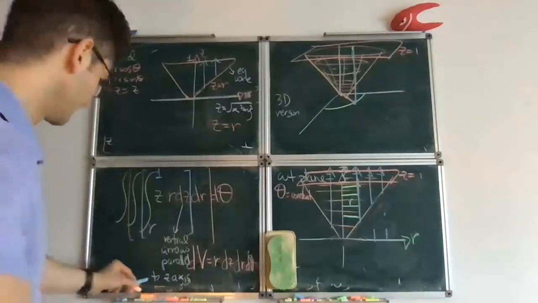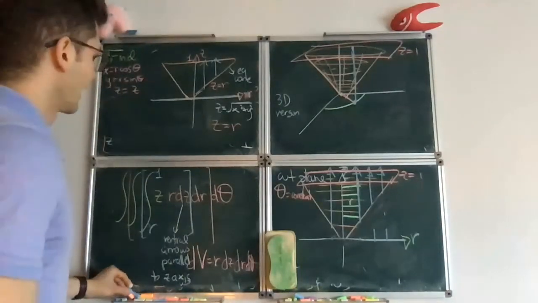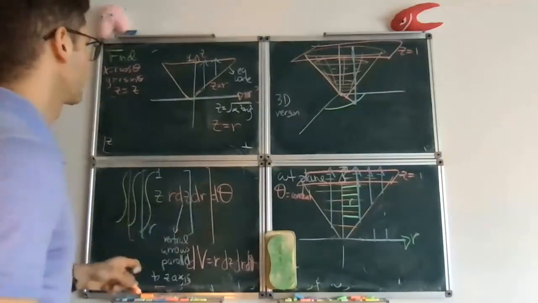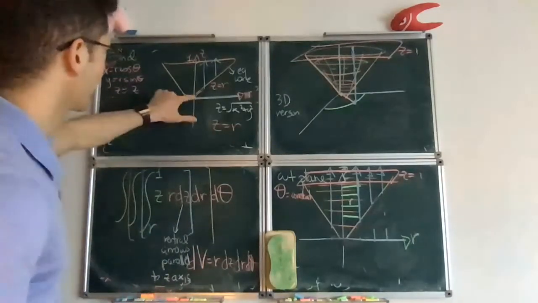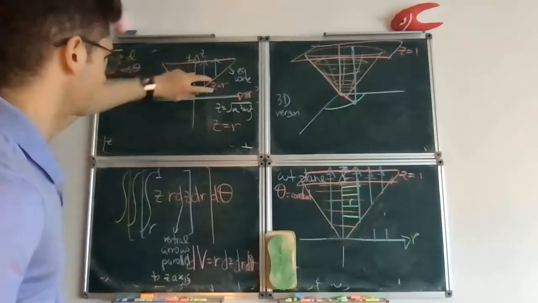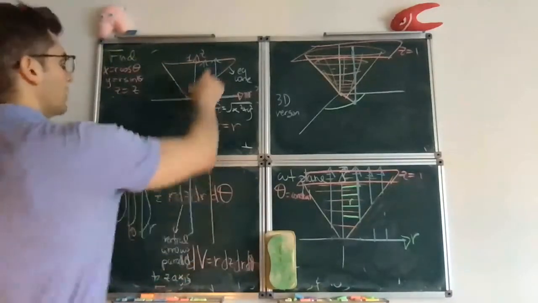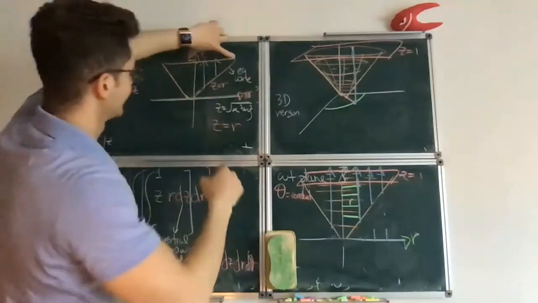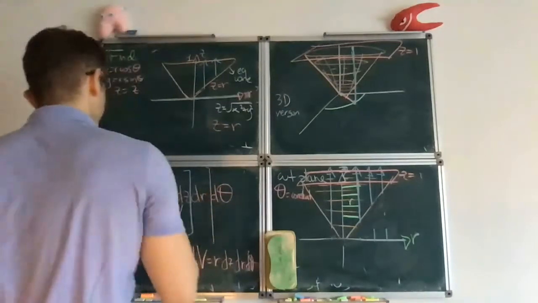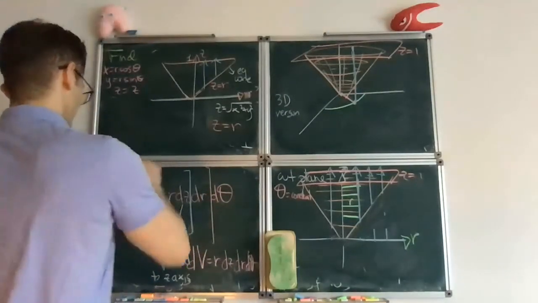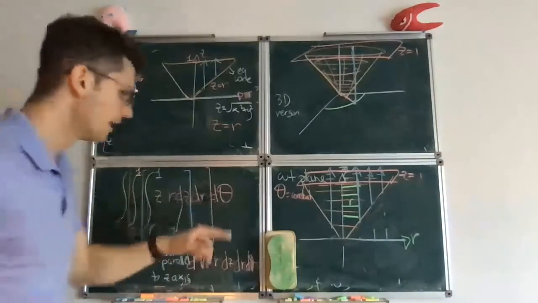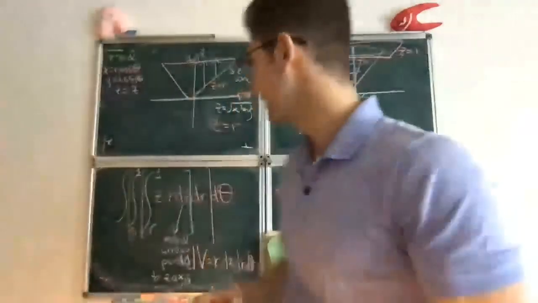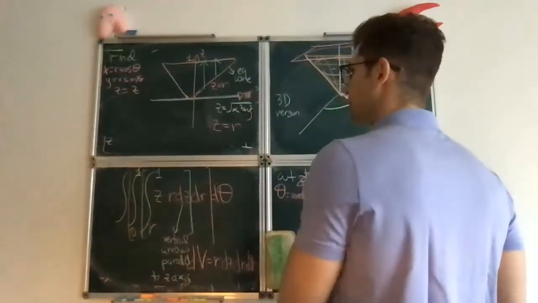And then the bounds for r are just the smallest and largest value that r can take. The smallest value r can take is 0, that's the distance from the z-axis, and the largest value is 1. So the bounds go from 0 to 1. And theta, because the problem was symmetric, you can just rotate by 2 pi, so the angle for theta is from 0 to 2 pi.